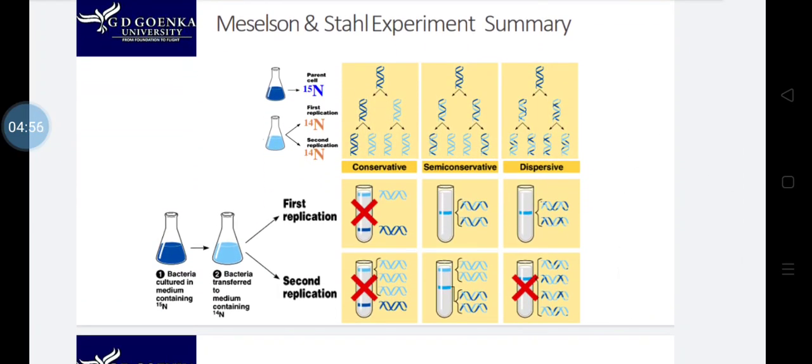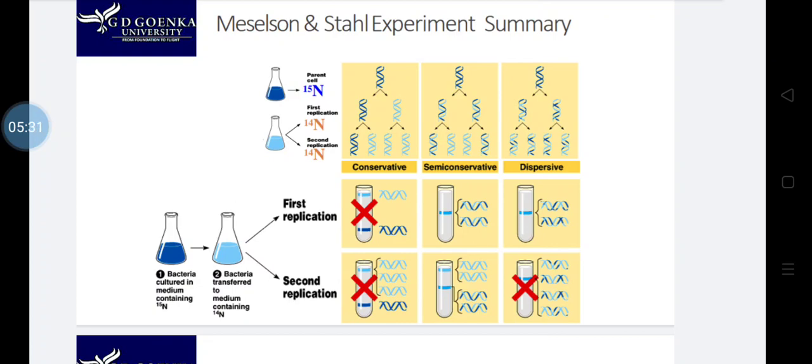So this is what we can summarize: first, Meselson and Stahl started their experiment by growing the bacterial culture in medium containing 15N nitrogen, and after the bacterial growth had taken place, they transferred a few cells from the old medium to the new medium, which contained 14N nitrogen.